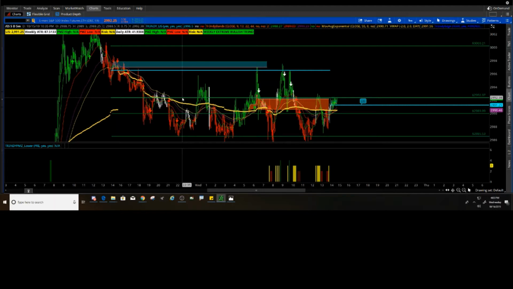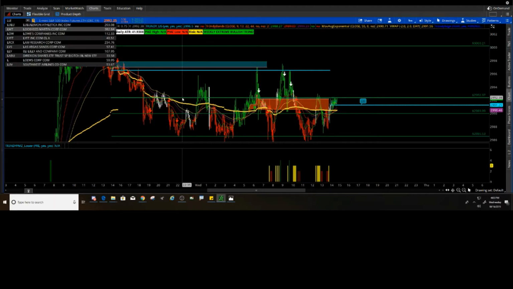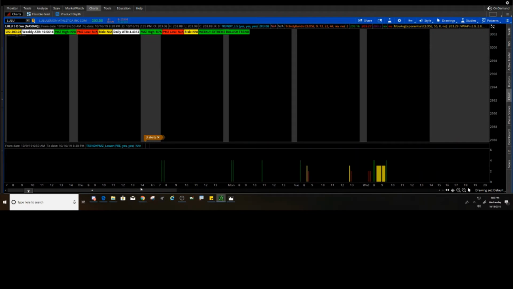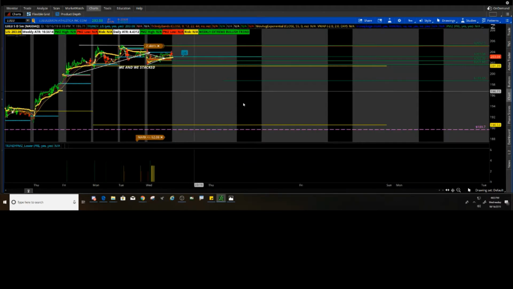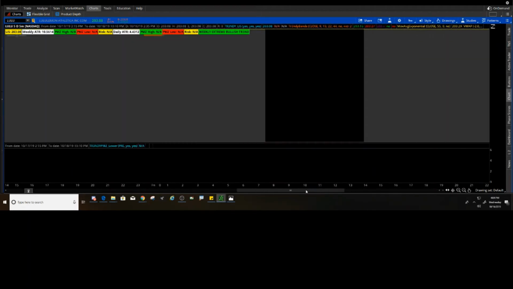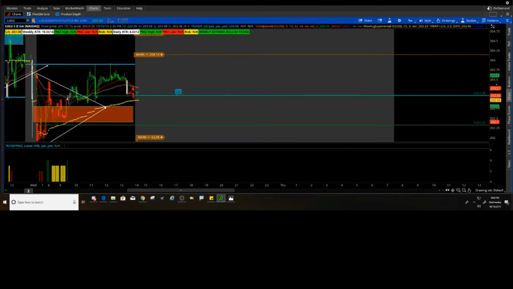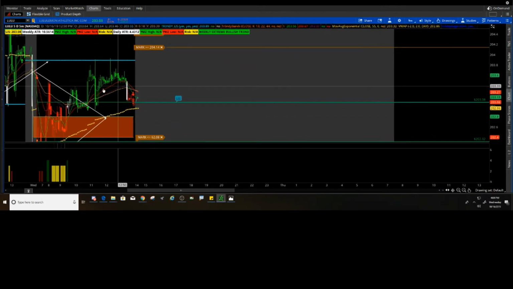Okay, so let's look here. We will pull up Lulu, and we actually traded this today as well. And here we are. Let's go ahead and zoom in a little bit. All right, so here we are on the line in the sand.